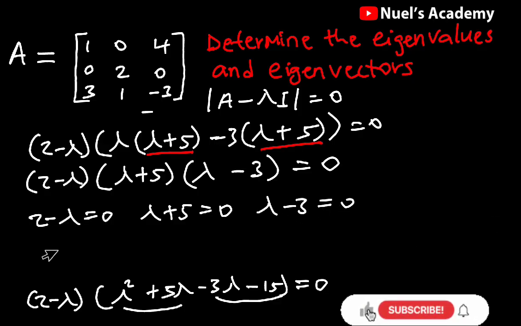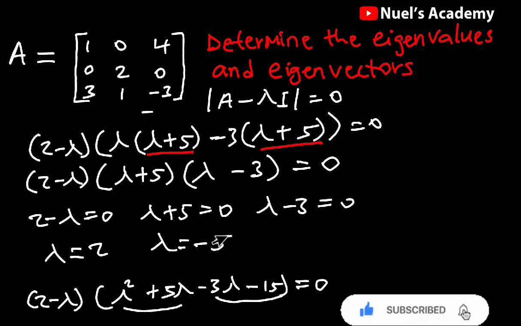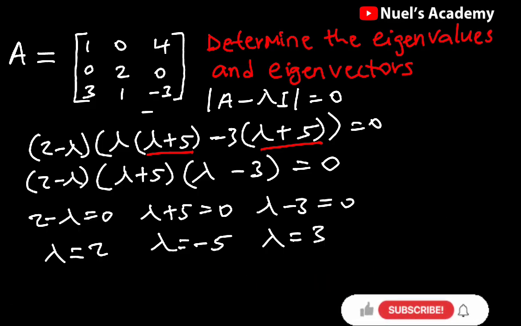Now from here, you see that lambda is equal to 2. From this one, lambda is equal to negative 5. And from this one, lambda is equal to 3. Let's rename these lambdas.